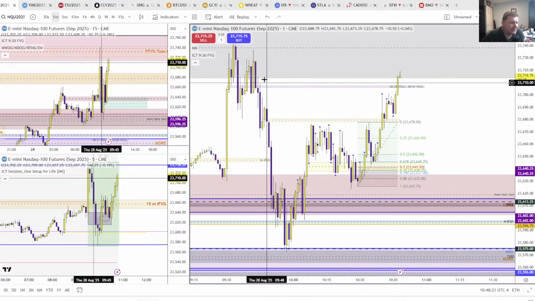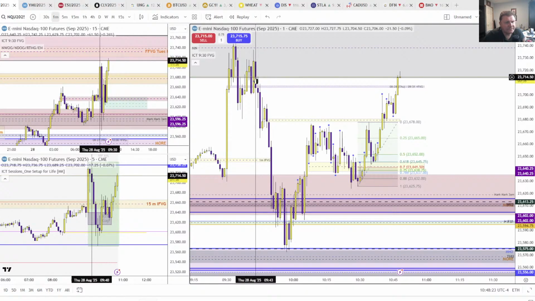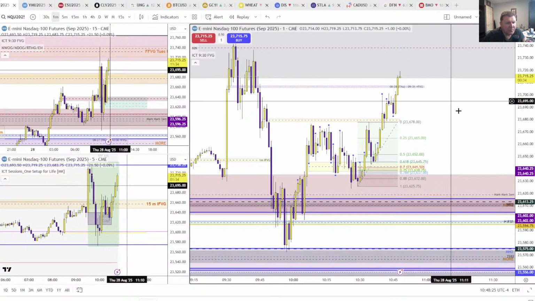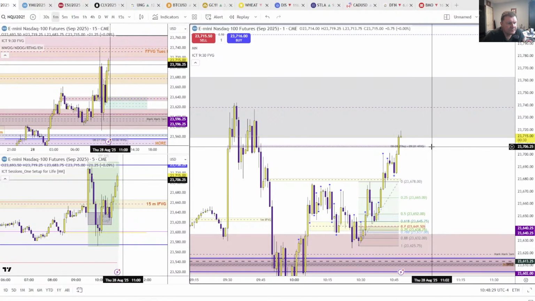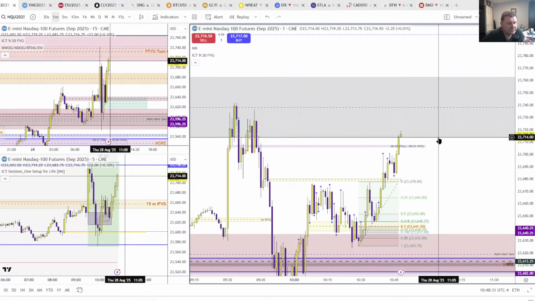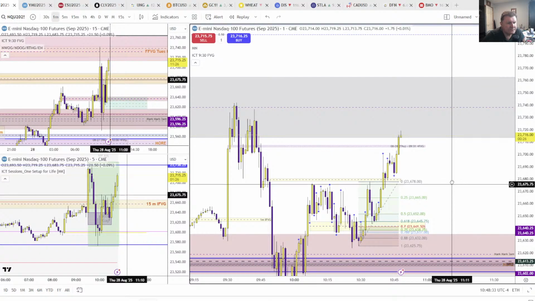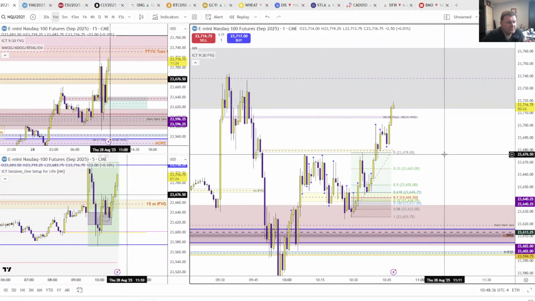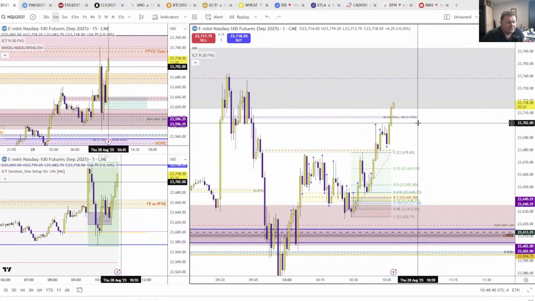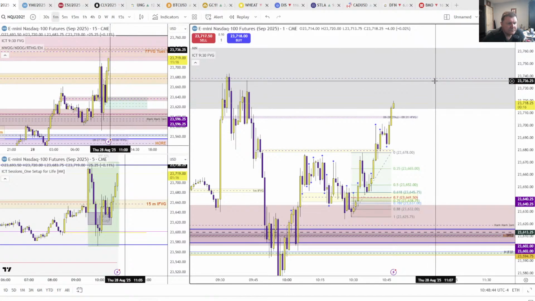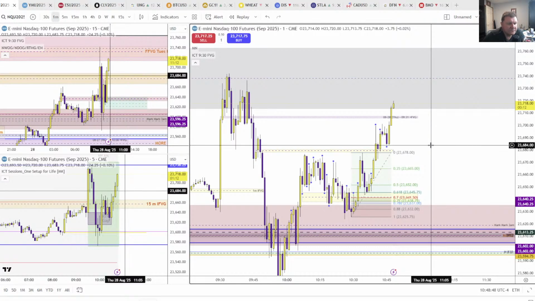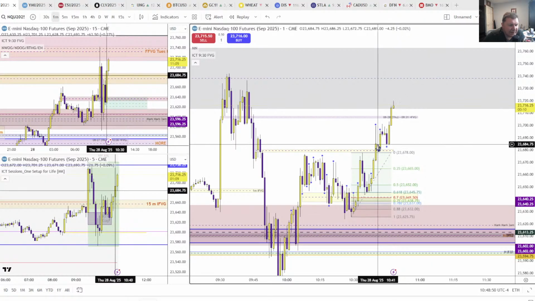So we're into the mean threshold of this candle now. There's also that new week opening gap. Look at that, right back to the candle's open.